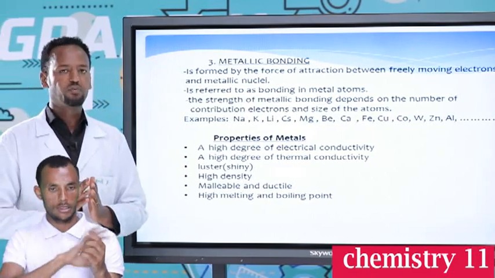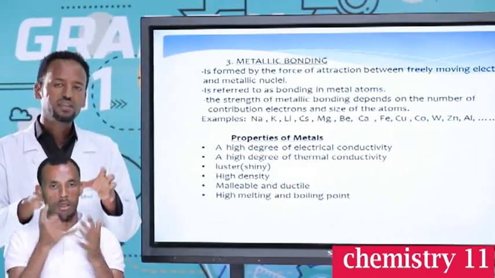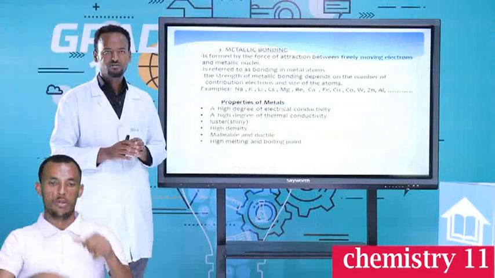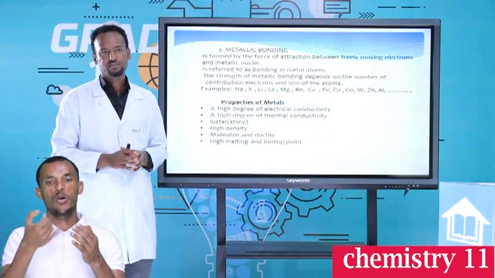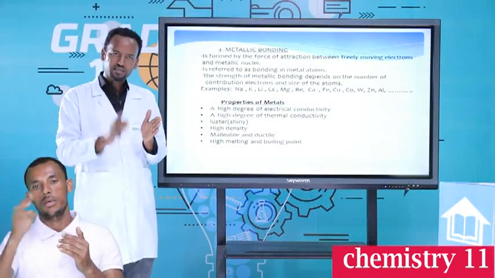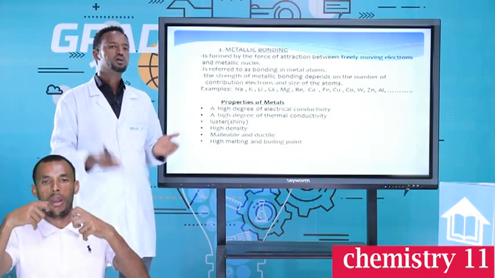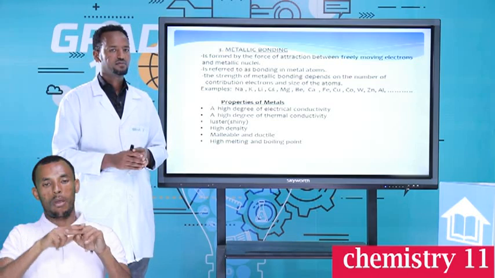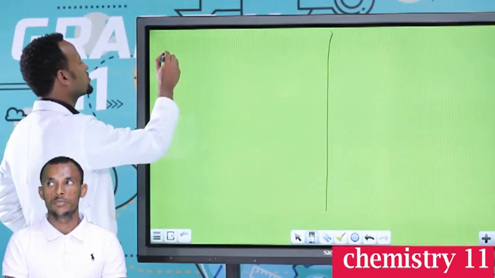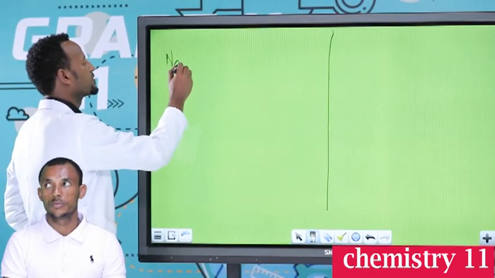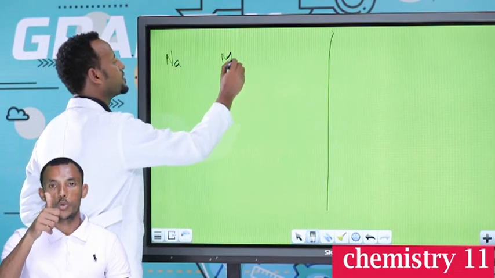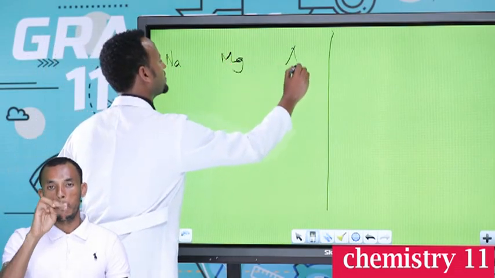The strength of metallic bonding depends on 1, the number of electrons contributed, and 2, the size of the atoms. For example, sodium, magnesium, and aluminum.